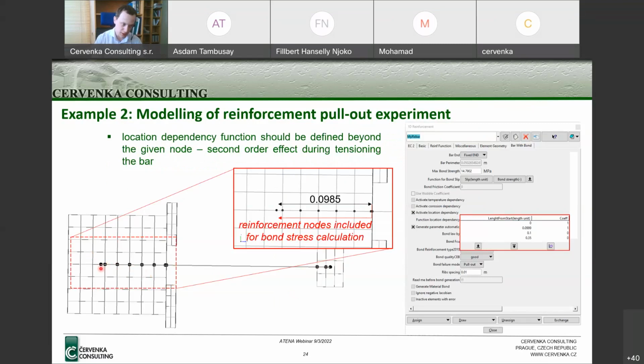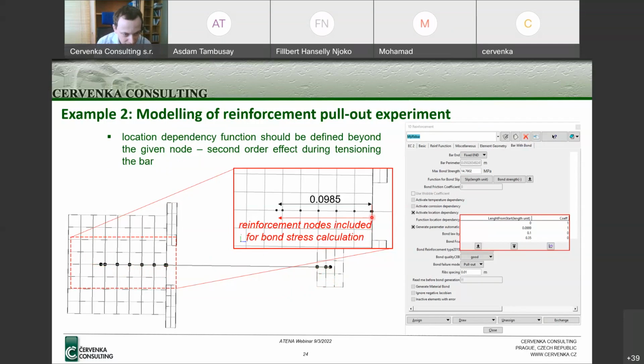These black dots represent the nodes of the reinforcement. ATENA automatically places them at the boundary of each element and at the ends. So the endpoints are here, and then at the boundary of each element. My goal is to have a boundary node and two nodes close to each other.